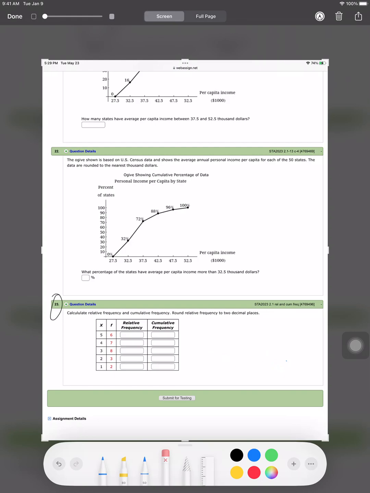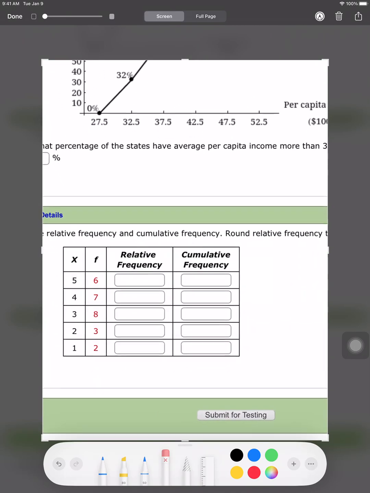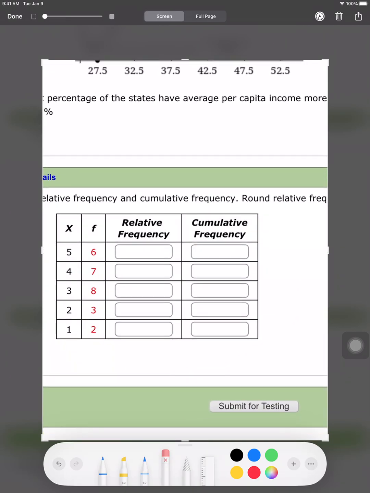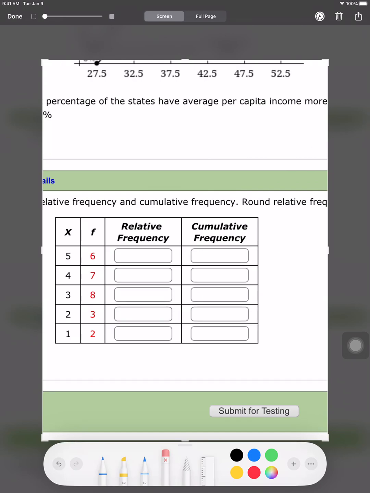All right. Now, when you have the summarized data and you're trying to complete the relative frequency and cumulative frequency, I always suggest to my students that you do the cumulative frequency first. Again, frequencies count, therefore cumulative frequency is the total count.